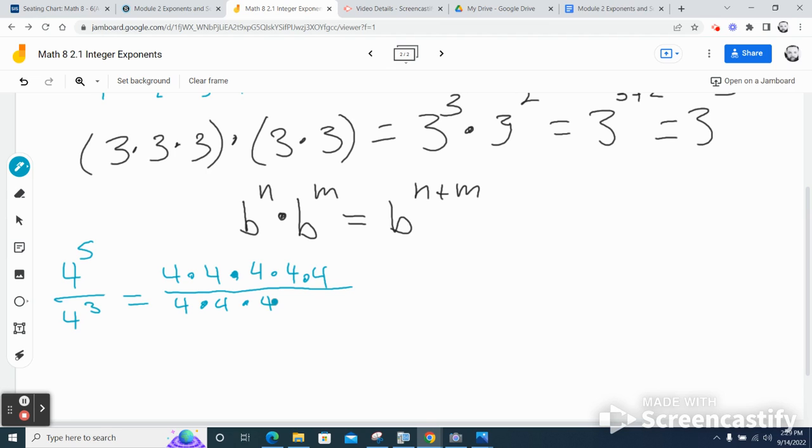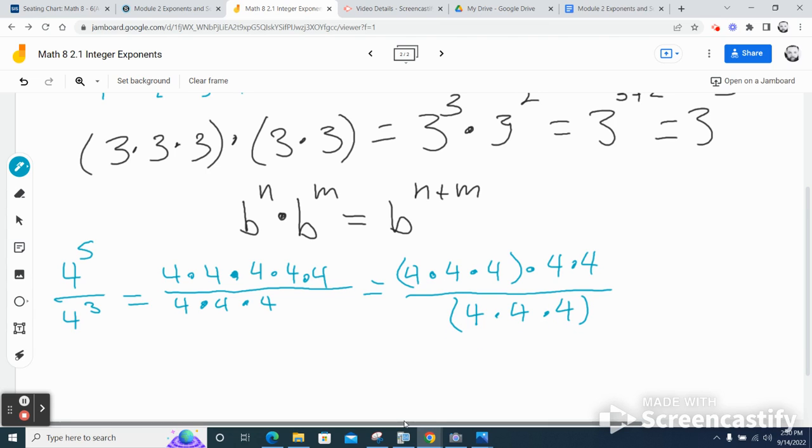All right. So then can I rewrite this as 4 times 4 times 4 times 4 times 4 and get 4 times 4 times 4 on the bottom? Yeah.